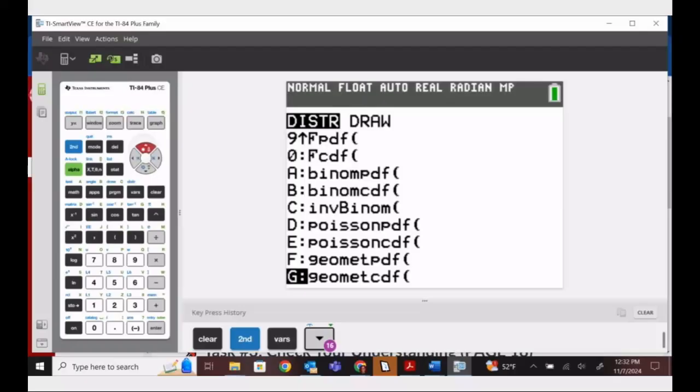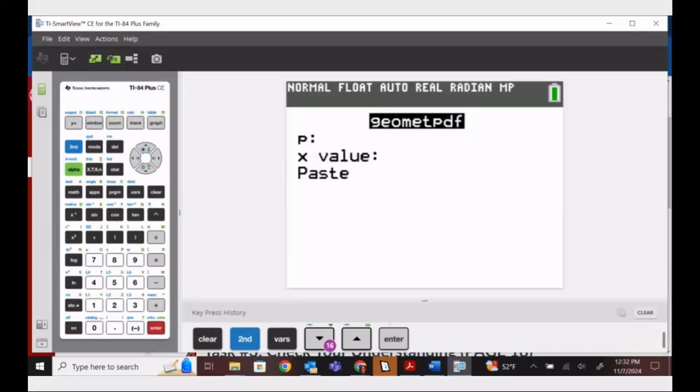If I want the probability that x equals 3, I want a single probability. That's the PDF. So I'm going to click on that. It only wants 2 pieces of information from me. What's it want? Probability of success, which in this case is 0.15. And then we want our x value.